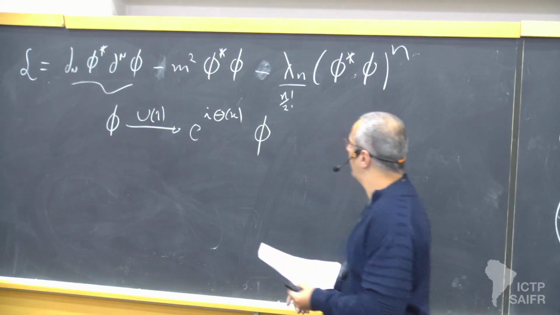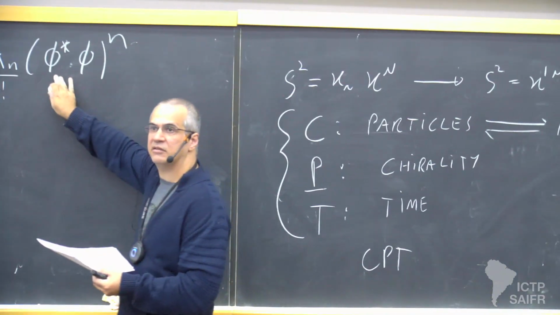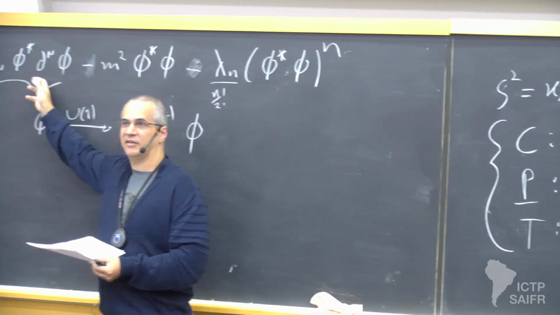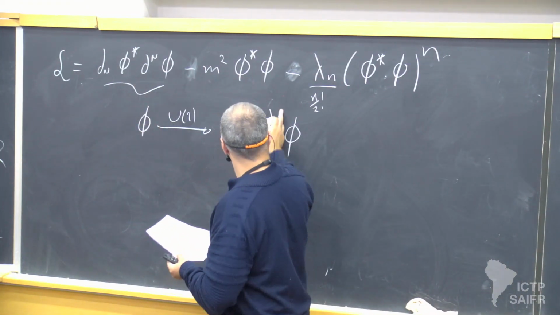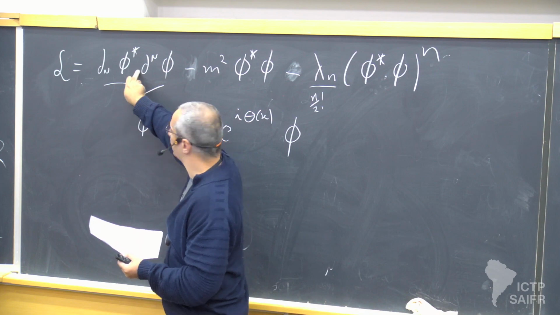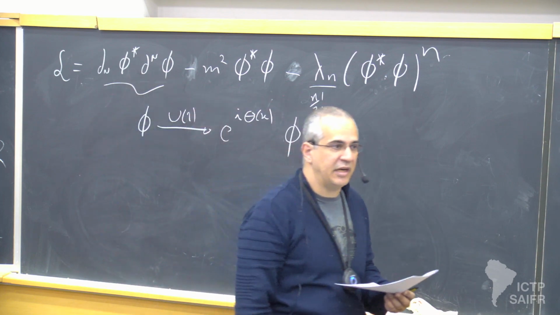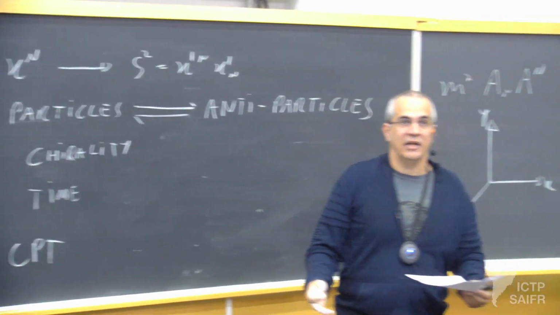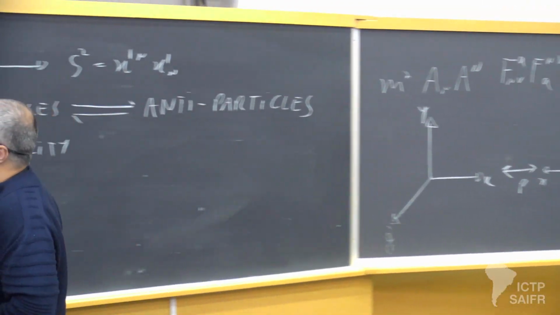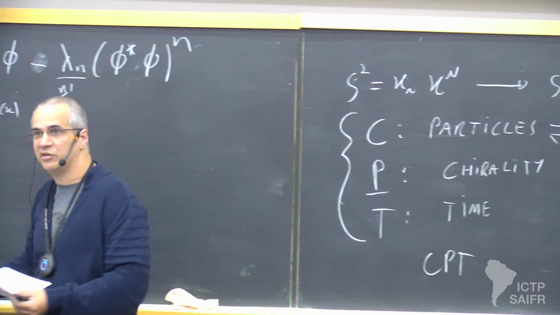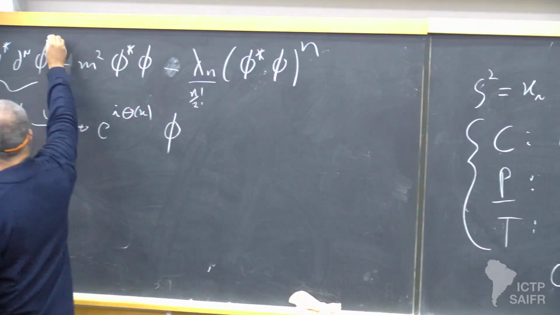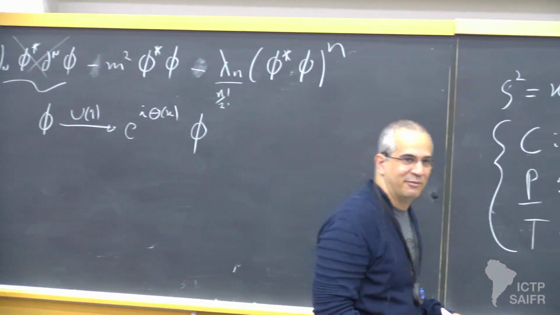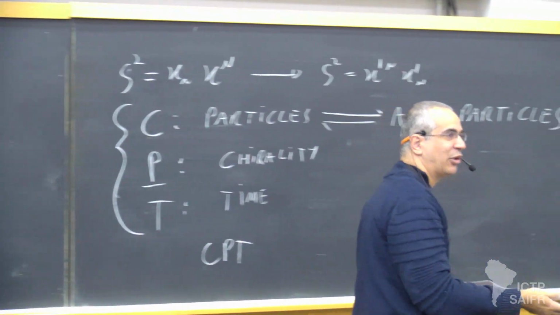You can see that nothing changes here, nothing changes here, but this one becomes tricky, because this thing does not commute with the derivative. If you try to do that, you get extra terms, and these extra terms have to be compensated. So this Lagrangian is not good yet. And I cannot just eliminate this term, because then I eliminate momentum from my theory. I don't have anything that propagates.